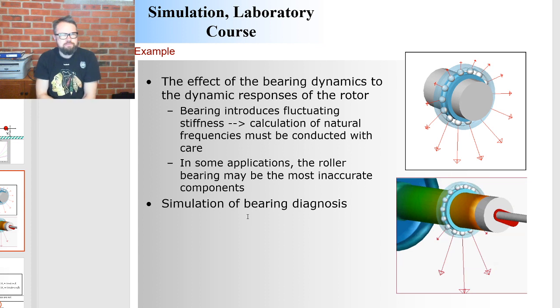Here's an example about how to use these penalty forces in order to predict contact forces in a ball bearing. This is a multibody simulation where we have an inner ring and an outer ring, but we do not have the real balls here.